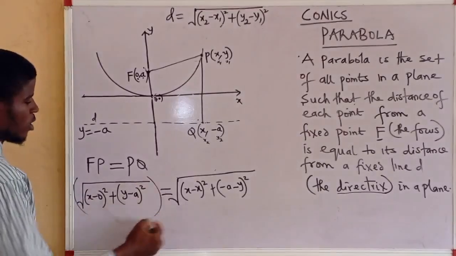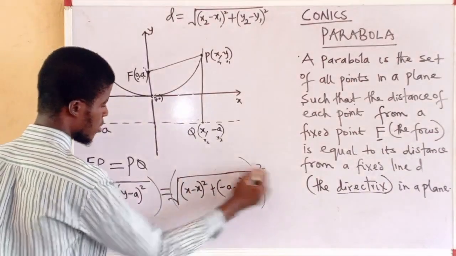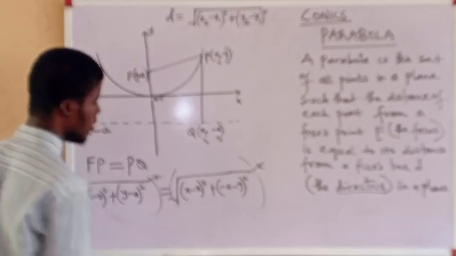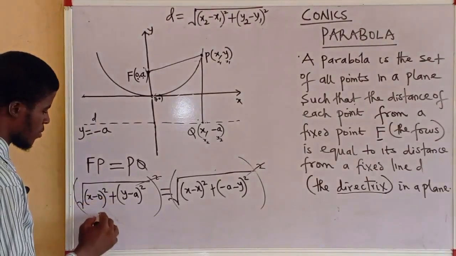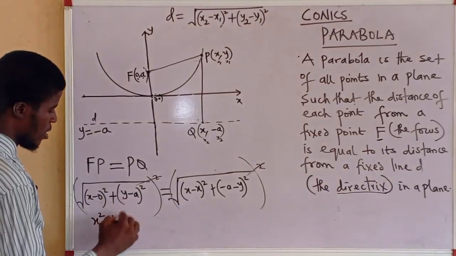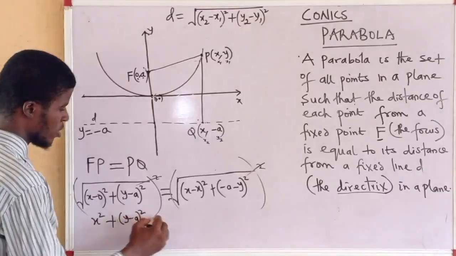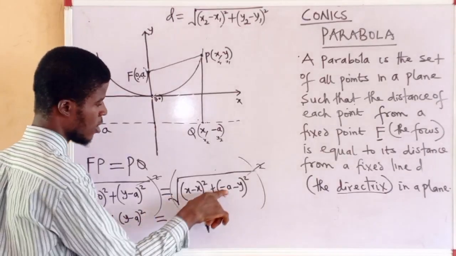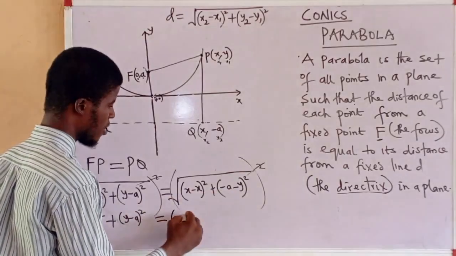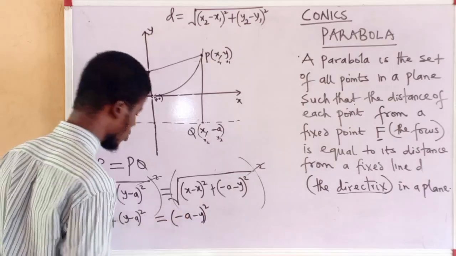If we take the square of both sides, the square root will be eliminated. So we have x minus 0 squared, which is x squared, plus y minus a all squared, is equal to this. This is 0, right? So we're having minus a minus y all squared.